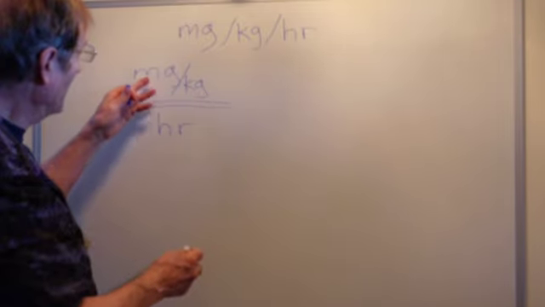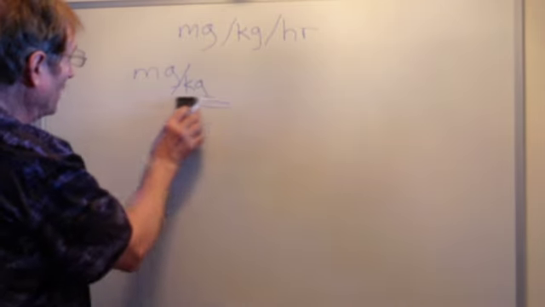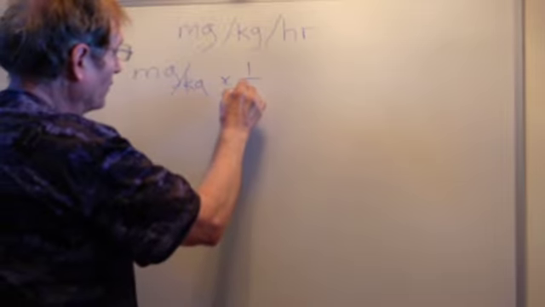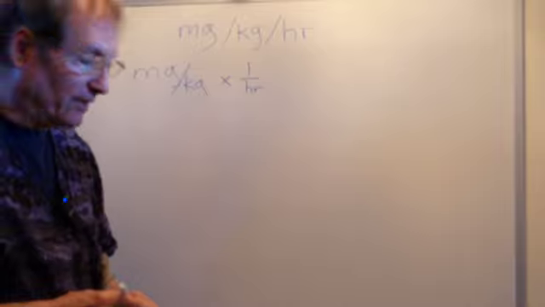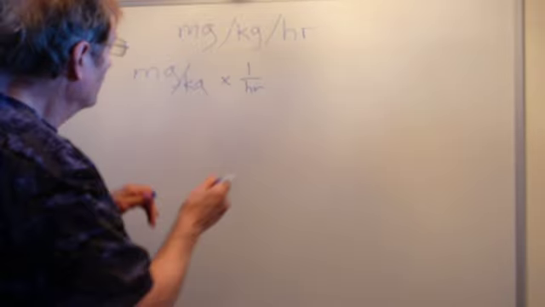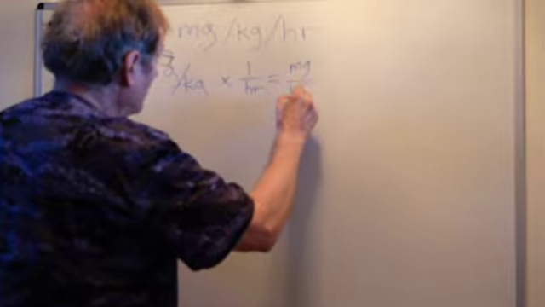So what that means is we take our numerator and multiply by 1 over hours. Hours was the denominator, 1 over hours is the reciprocal of the denominator. So what this gives us is mgs per kg hour.